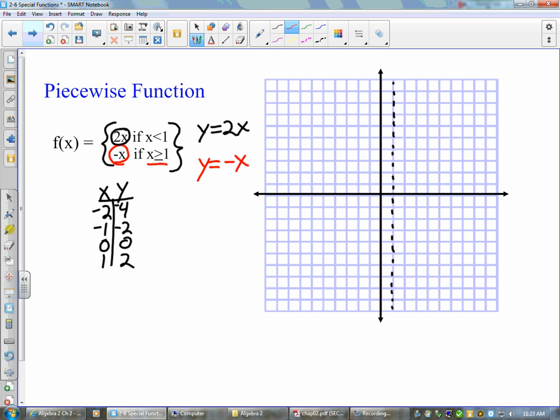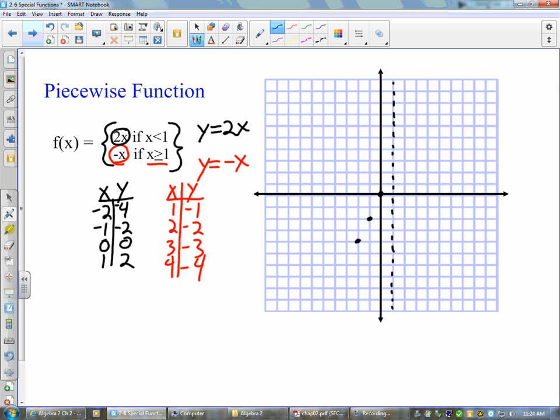Then, when I get to 1, for x greater than 1, like 2, 3, 4, it'll be negative x, so negative 1, negative 2, negative 3, negative 4. So when I graph this, I'll plot these points: negative 2, negative 4, negative 1, negative 2, 0, 0, and 1, 2.